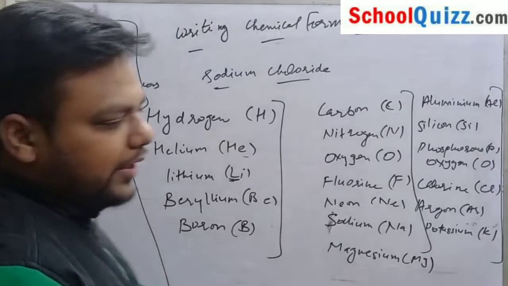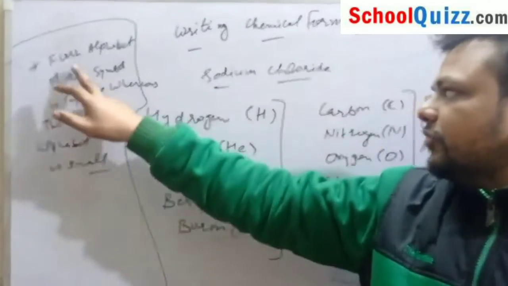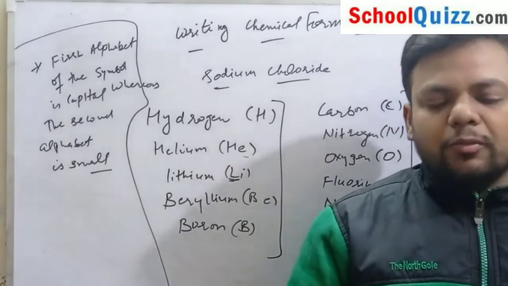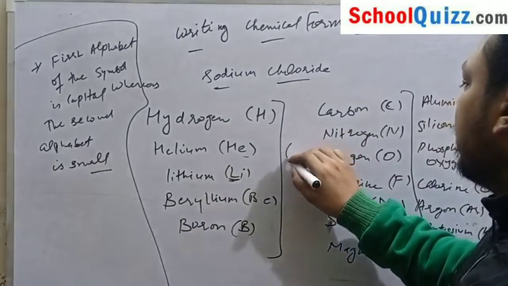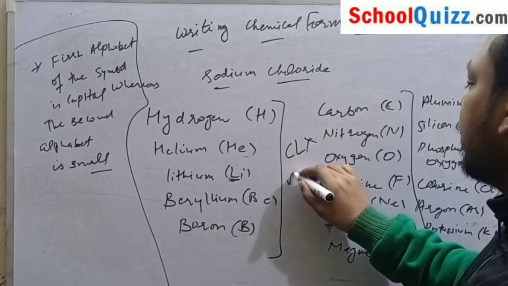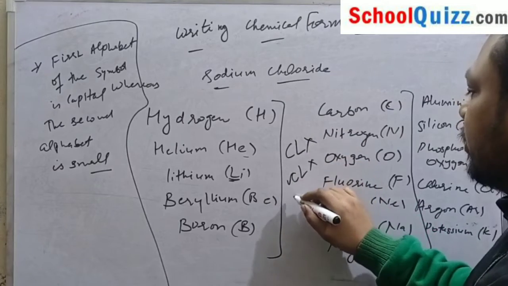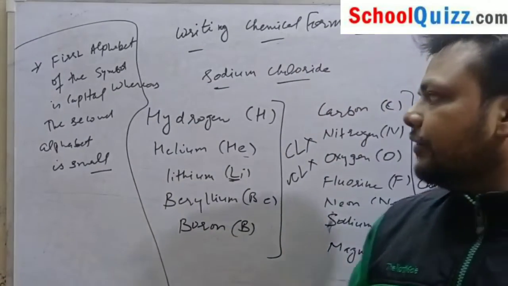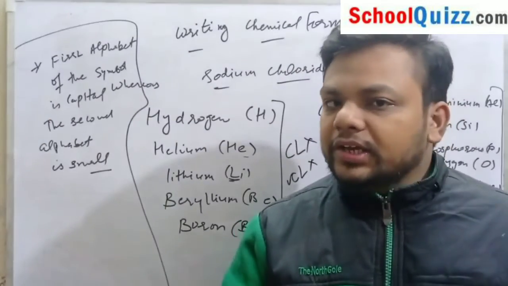So you have to keep in mind that the first alphabet of the element should be capital and the second one should be small. If you write chlorine like this, it is wrong. If you write it like that, that will also be wrong. So remember that the first alphabet of the symbol is capital, whereas the second alphabet will be small.